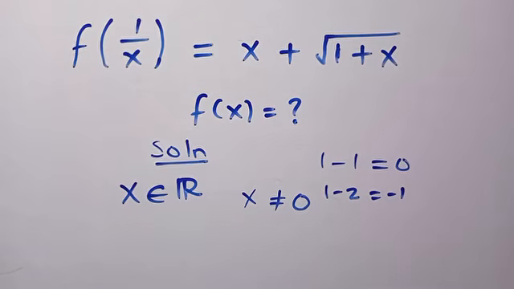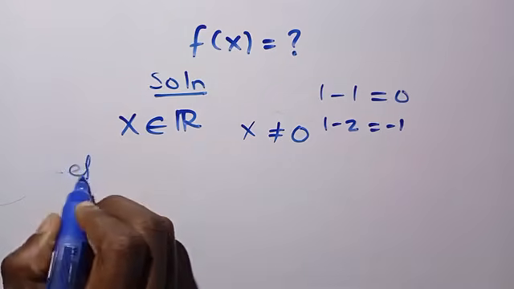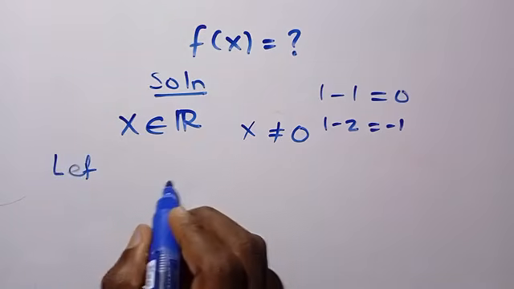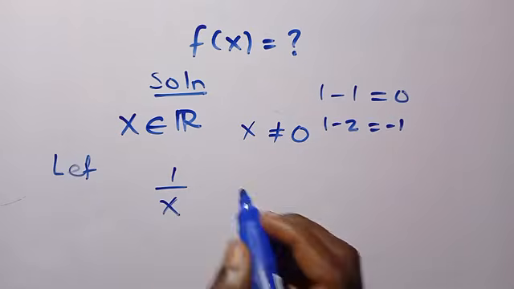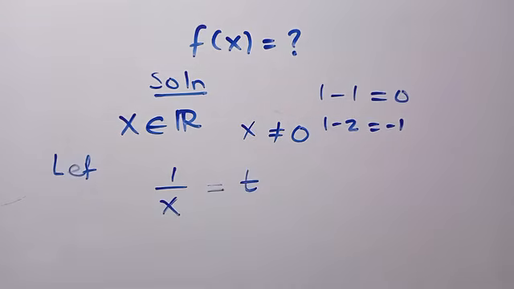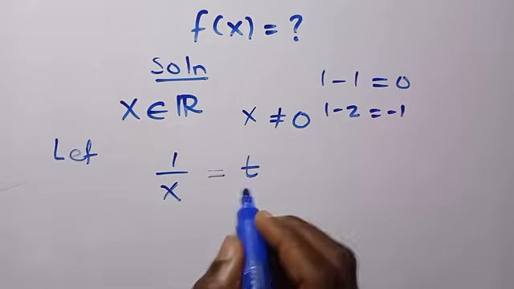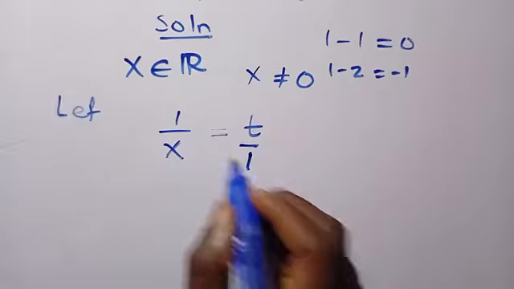So therefore, we start solving this by letting, from the given function, 1 divided by x, we are going to apply the substitution method. Let this one equal t. If this one equals t, then we make x the subject of the formula. Suppose I divide this by 1, then we cross multiply.